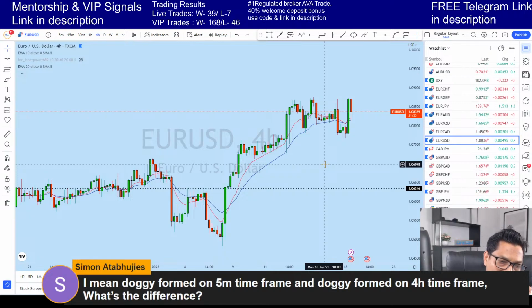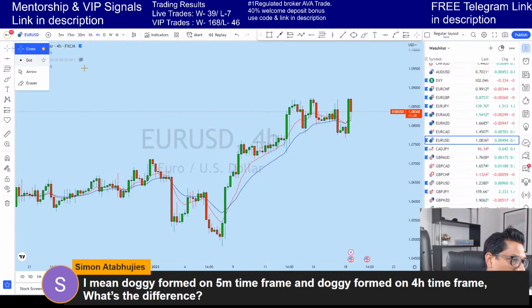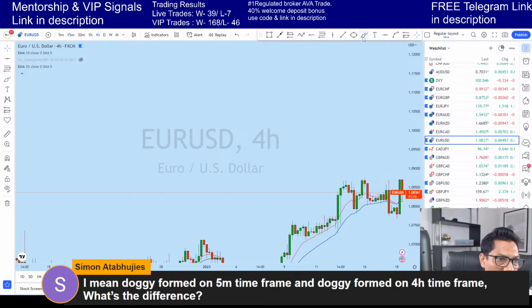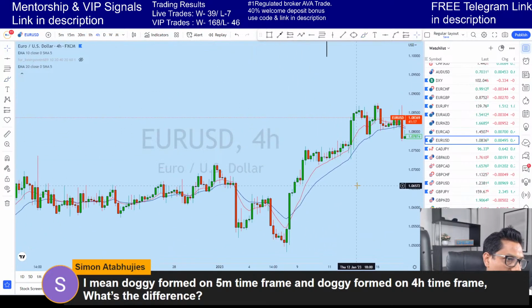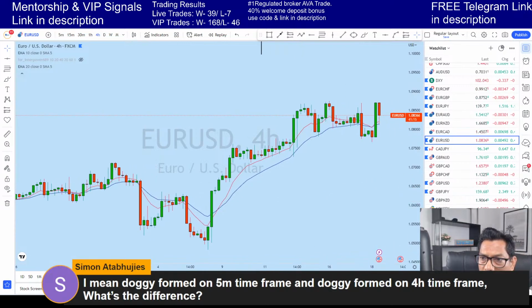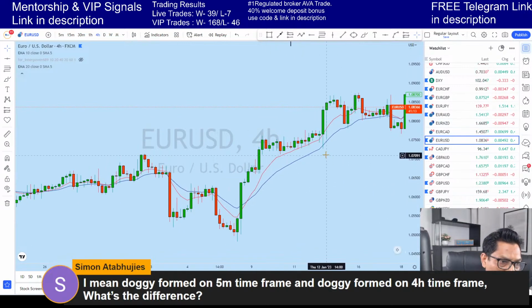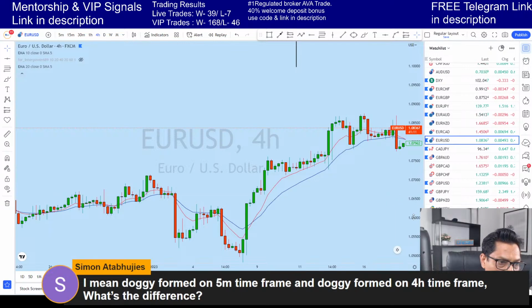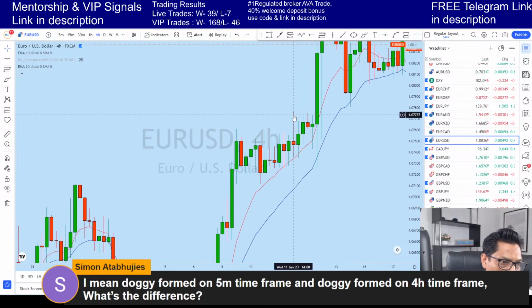So the big difference is, for example, let's say you found a doji on the 4-hour like that. Let me show you on the real chart, let's say this Euro Dollar 4-hour, and then you found a doji here. There are quite a few dojis here.